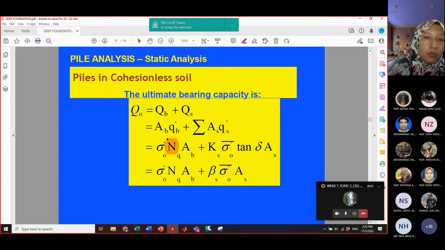So that is what you have to focus on more. You have to analyse: if your problem is a single pile in clay, we use NC. If you have a single pile in sand, we will use NQ.